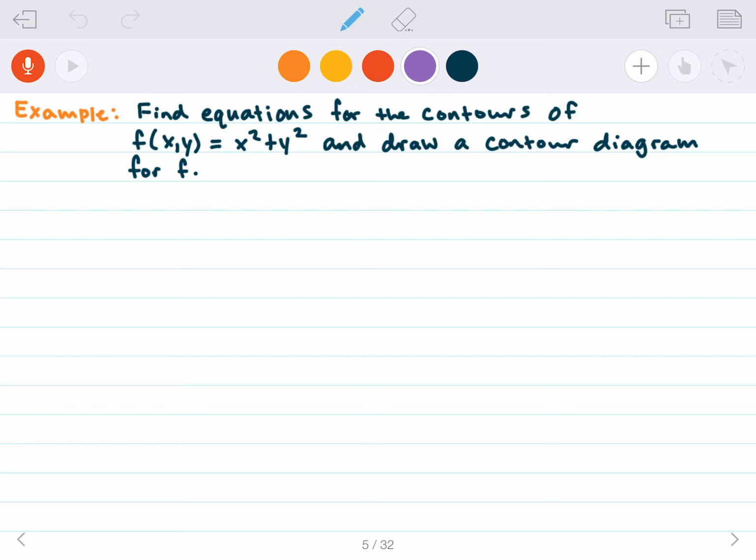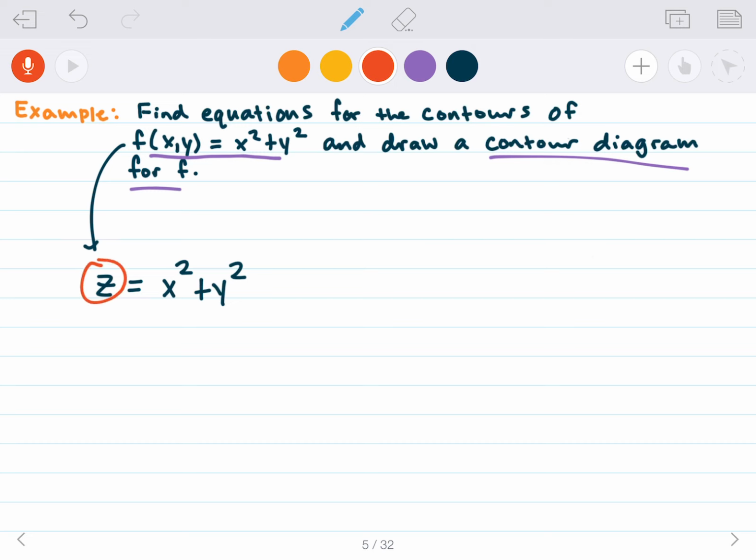So let's go ahead and do some more examples. Find equations for the contours of f of x, y equals x squared plus y squared, and then draw a contour diagram. How does this work? We have f of x, y, and I'm just going to change this to z, since f of x, y means the same thing as z. So we have a function of two variables, x squared plus y squared, and the idea is to let z vary.